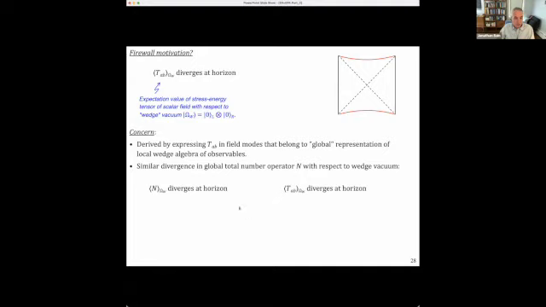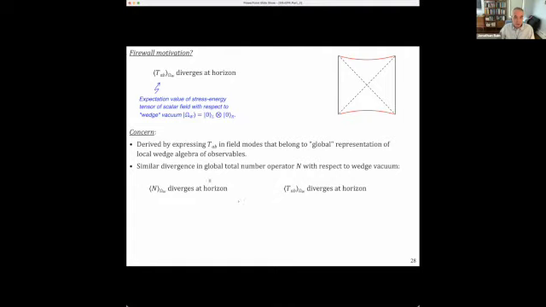So you can derive a similar divergence in the expectation value of another operator, namely the global total number operator, capital N, with respect to the wedge vacuum.